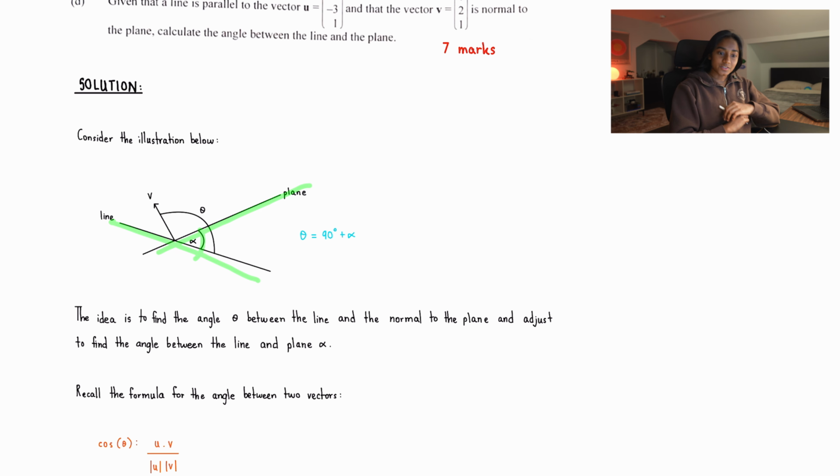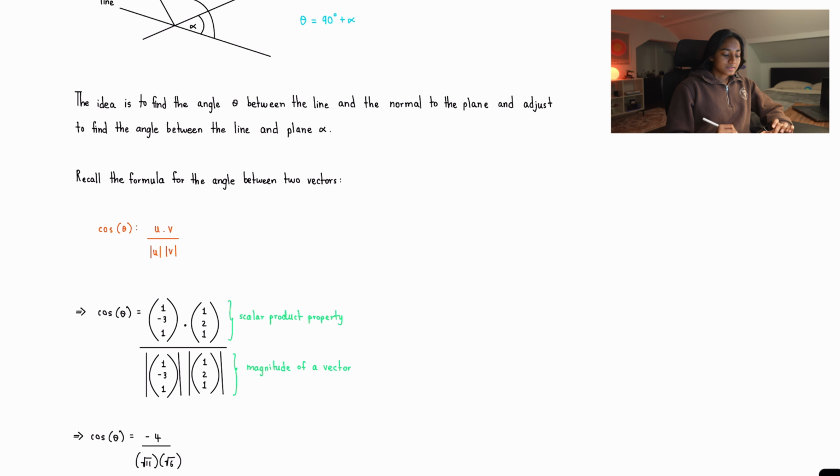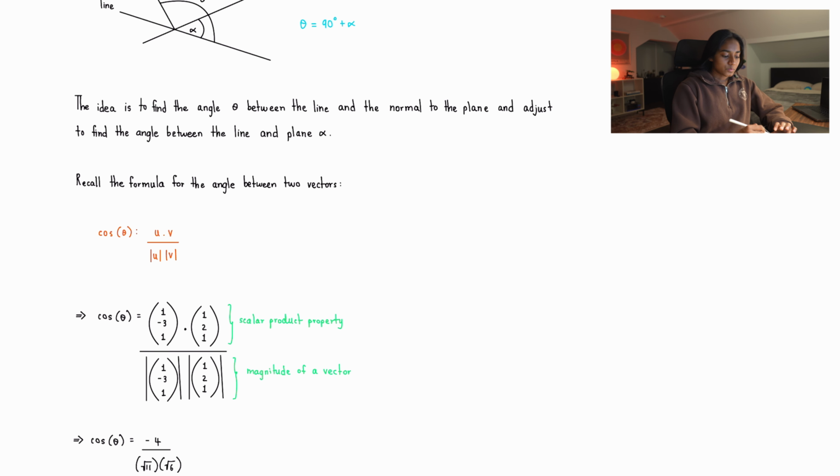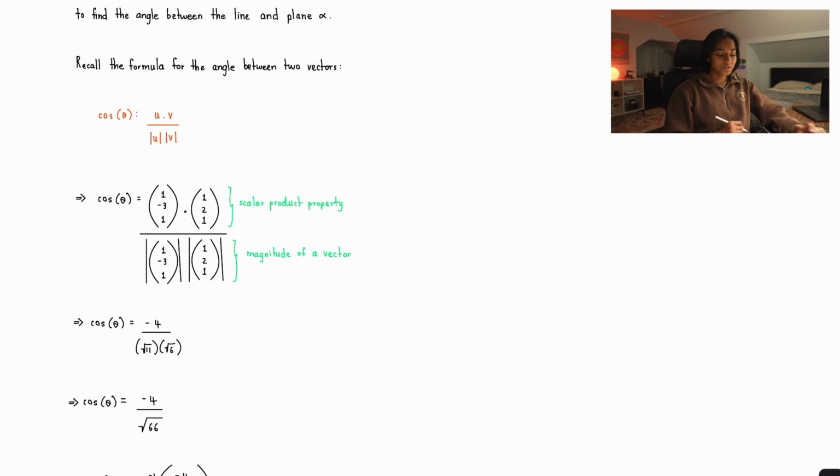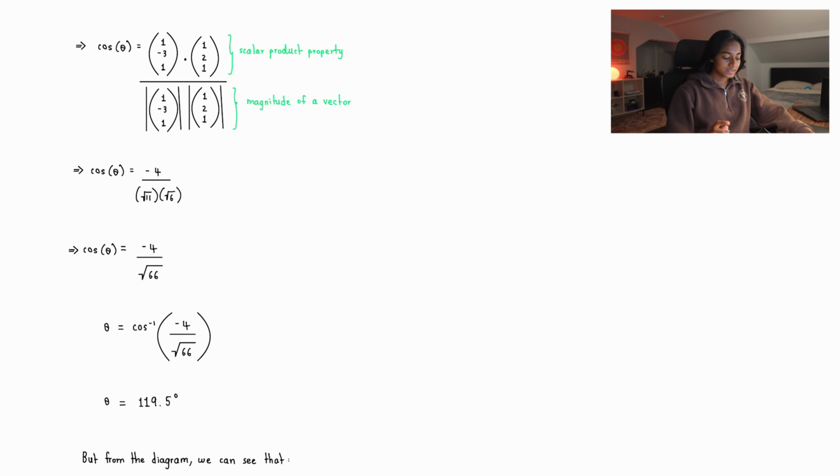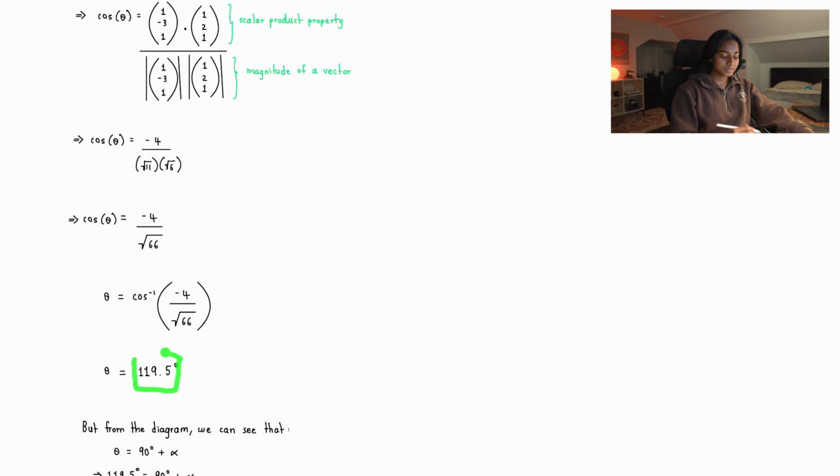So let's do it. To find the angle between two vectors, we know this formula, and we know it very well. We also know we have to be very careful when doing this, as it takes a lot of time and effort. So we do it, and I want you all to check to see if you got 119.5 degrees.